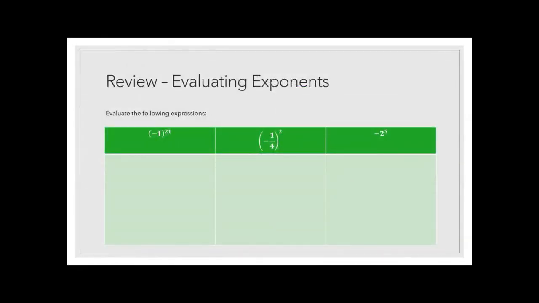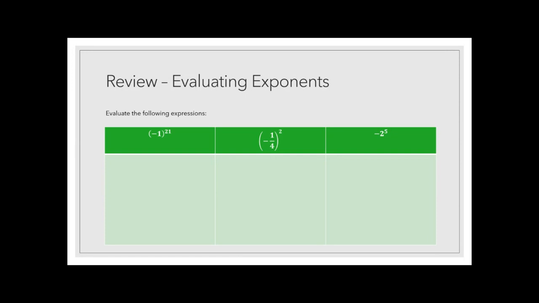But before we get to those rules, we are going to do some review of just evaluating these. Evaluate the following expressions. First we have -1 to the 21st power. So -1 to any exponent is -1 times -1 times -1, repeated multiplication.